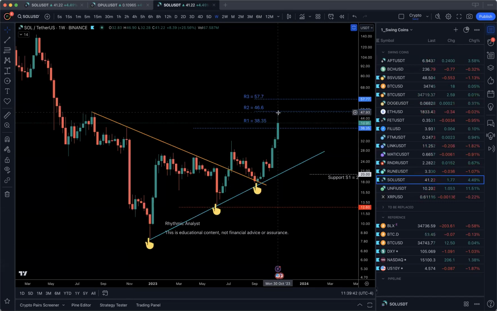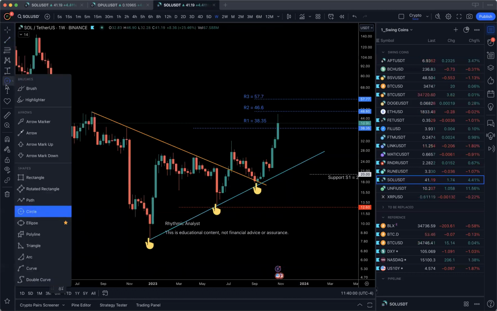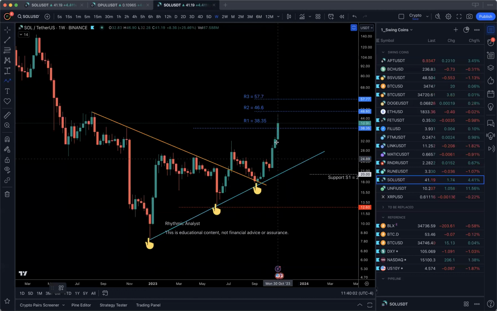So sometimes spending time is totally all right. Even if it spends a week or two, I don't mind, to be honest, because there's nothing wrong with that. So don't be surprised. I'm not saying it is going to, but some people think that it must continue with all these green candles. That's not the case.